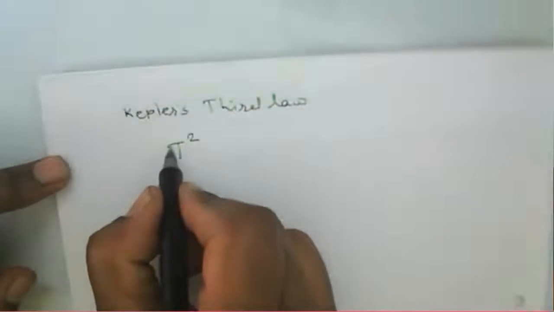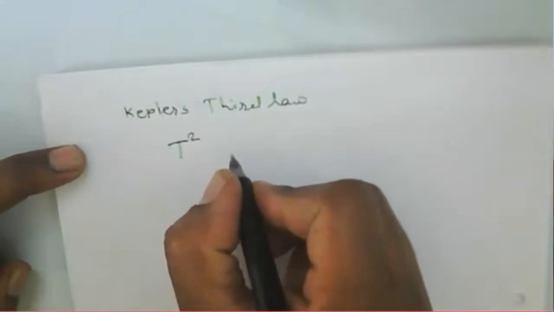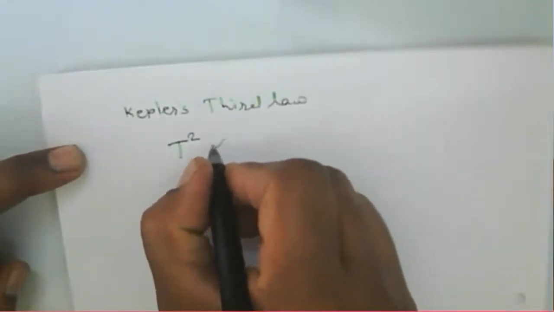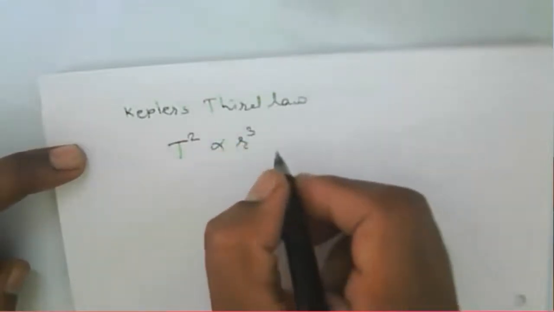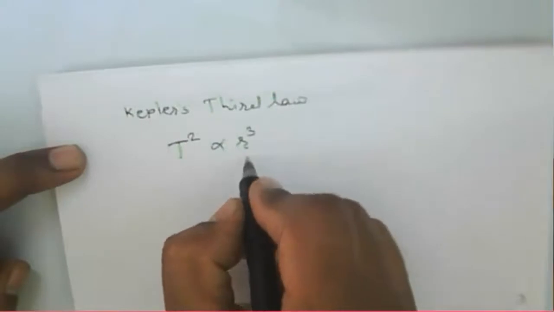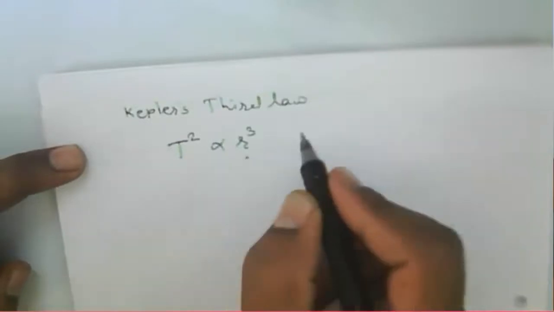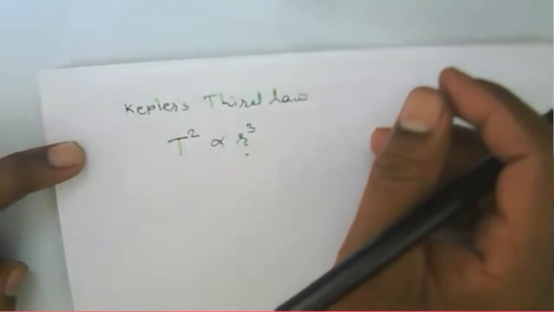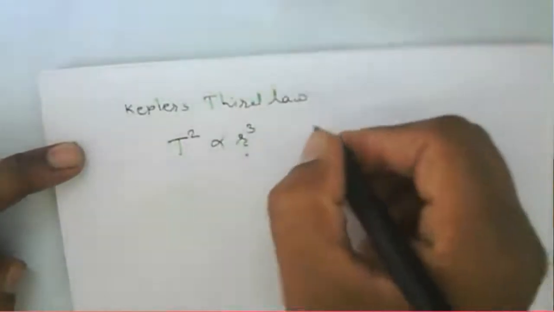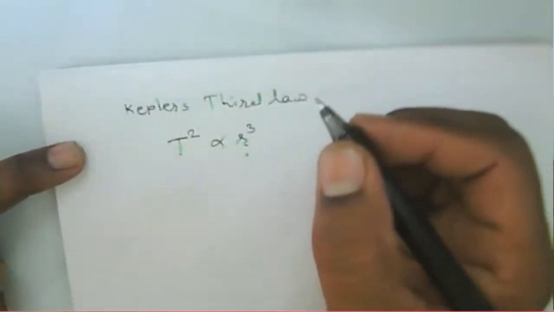The square of the period of a satellite in an orbit is proportional to the cube of the mean distance of the orbit from the center of the earth. That is, the cube of the mean distance of the satellite orbit, or the position of the satellite, from the center of the earth.